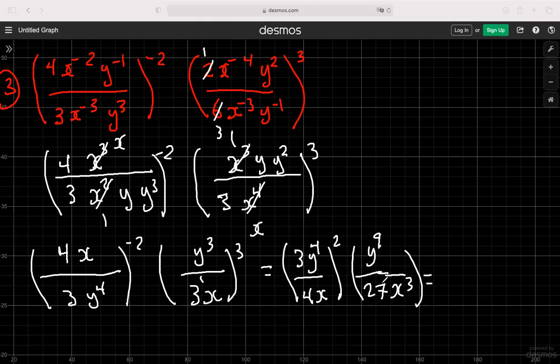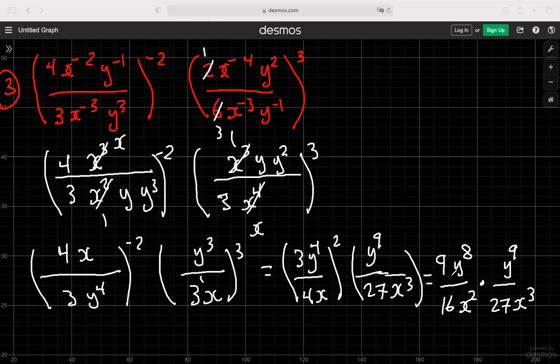Which gives me 3 squared is 9, y to the 8, all over 4 squared is 16, x squared, times y to the 9 over 27 x cubed.